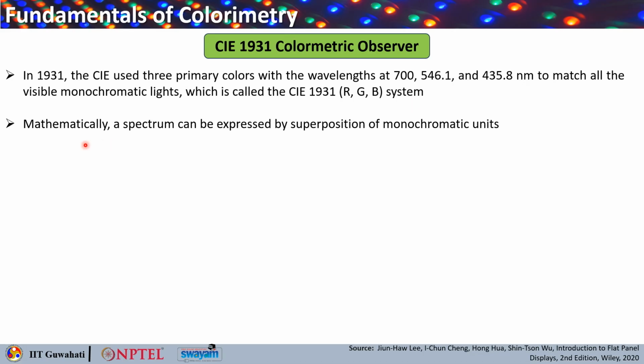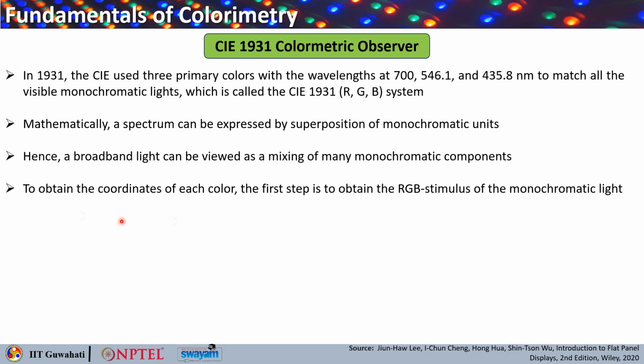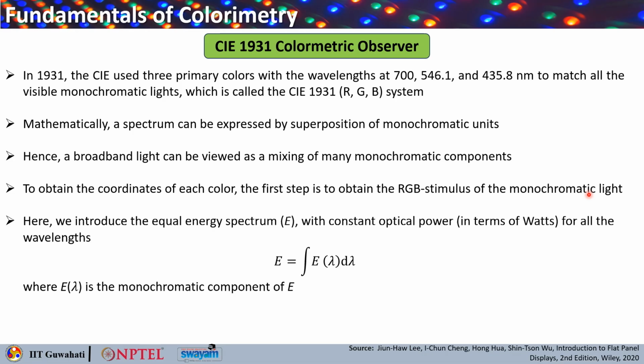Mathematically, in this case a spectrum can be expressed as a superposition of monochromatic units. Hence, a broad light can be viewed as mixing many of the monochromatic components together. Now, to obtain the coordinates of each color, the first step is to obtain the RGB stimulus of the monochromatic light. So, here we can introduce the equal energy spectrum, which is E, with some constant optical power described in terms of watts for all the wavelengths.